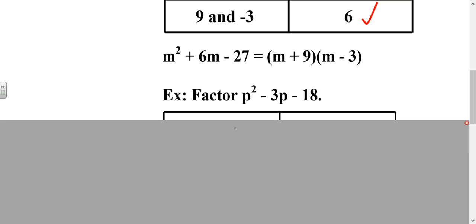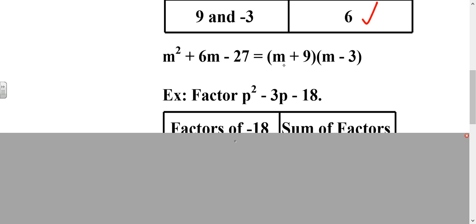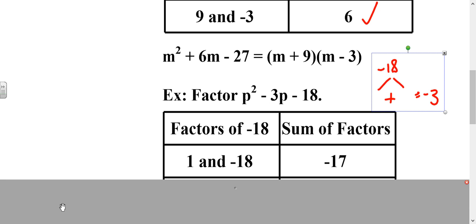Okay, so let's try this. So we had positive 9 and a negative 3, so one factor was a plus and one factor was a minus. All right, so negative 3 in the middle and negative 18 on the end. So we're trying to come up with numbers that multiply to be a negative 18, but add to equal a negative 3. So one number has to be positive and one number has to be negative because they multiply to be a negative number. All right, so we could try positive 1 and negative 18. That doesn't work.